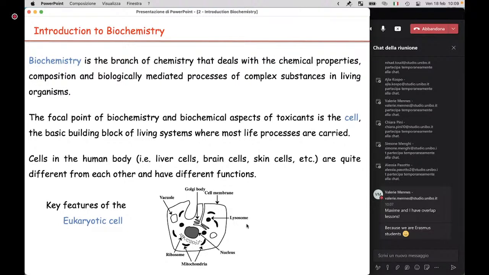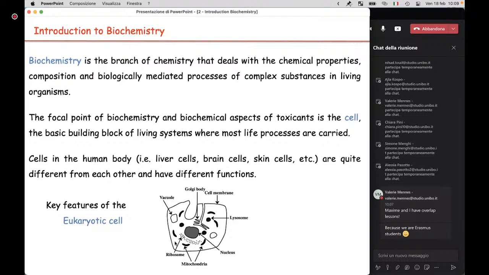I was saying that all cells have the same basic structure, but for complex living beings, just like humans and most animals, we have a lot of different cells which can have widely different structure and functions, but the basic structure is always the same.